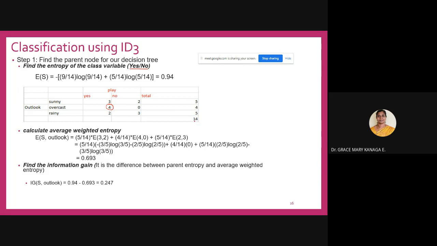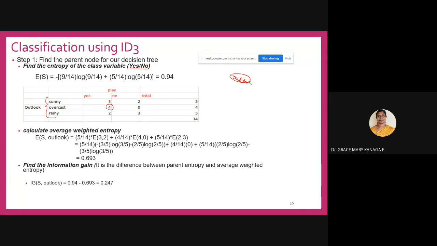Now how to calculate the average weighted entropy? For example, if I wanted to calculate the entropy for outlook, then I have to calculate the average entropy of all its children, because it has three values: sunny, overcast, and rainy. If you take outlook as the node, the values you may get are either sunny, overcast, or rainy.